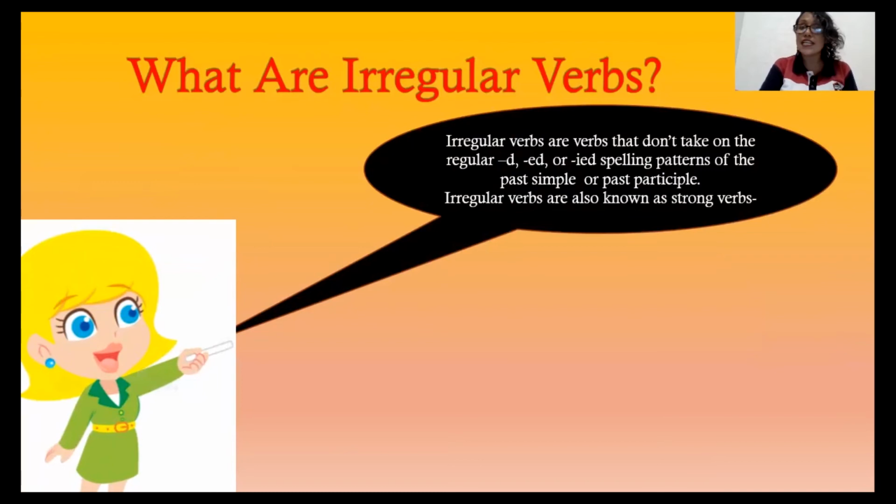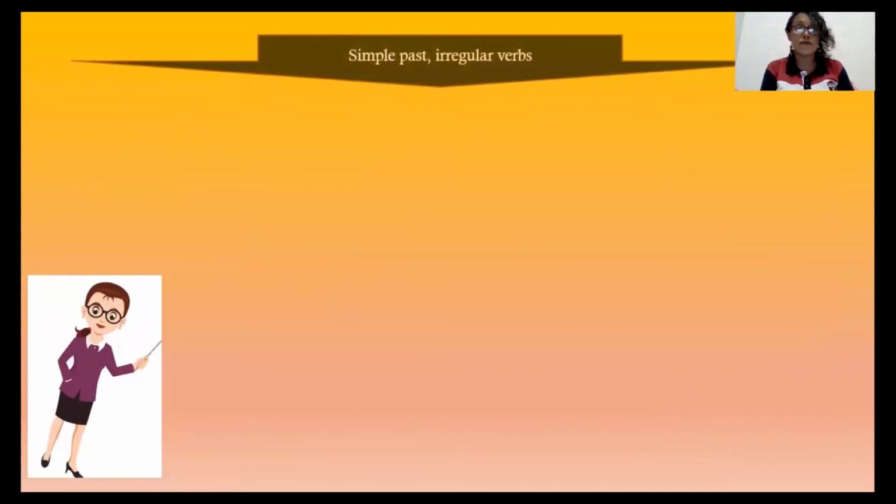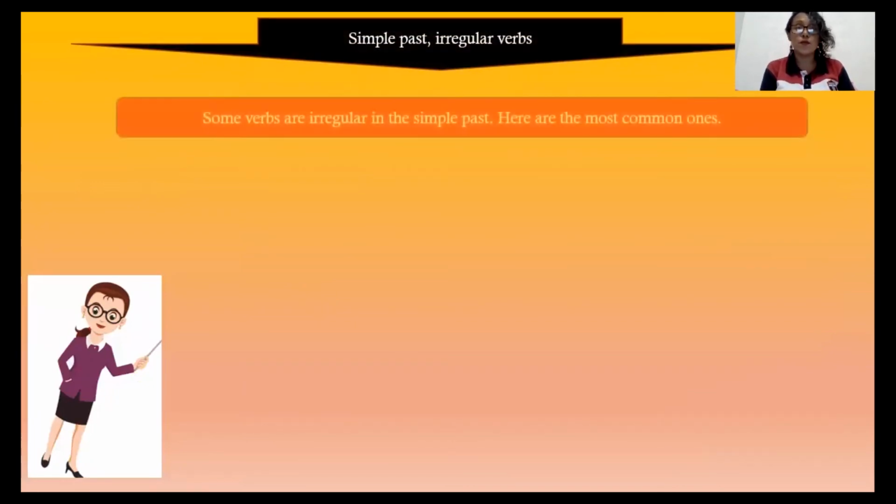They are also known as strong verbs because the forms of the simple past and past participle change. They don't have the conventional ending ed that I told you about, okay? And also in the past and participle forms, they are going to change. So let's check the simple past.